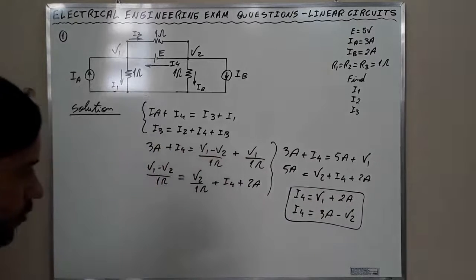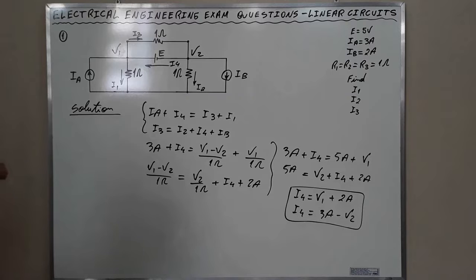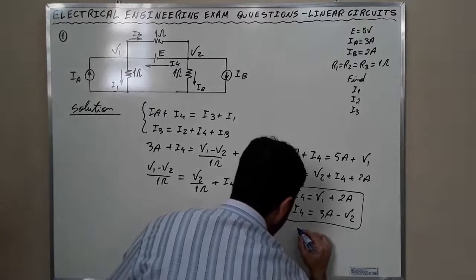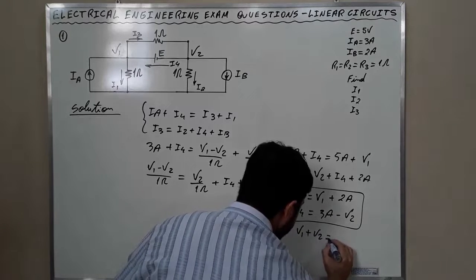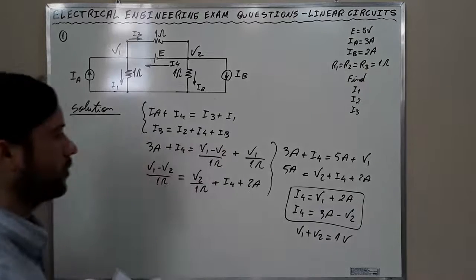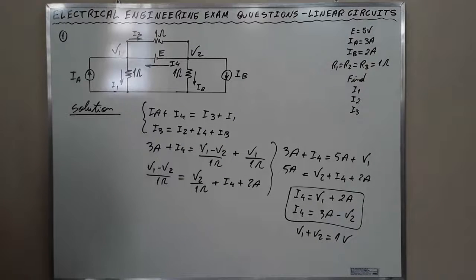We are going to solve this, and we are going to discover that V1 plus V2 is equal to 1 volt, okay? This is what we can infer from this, all right?